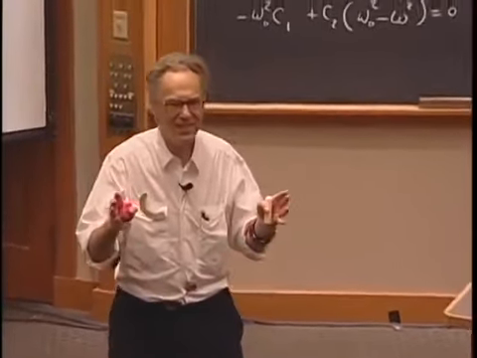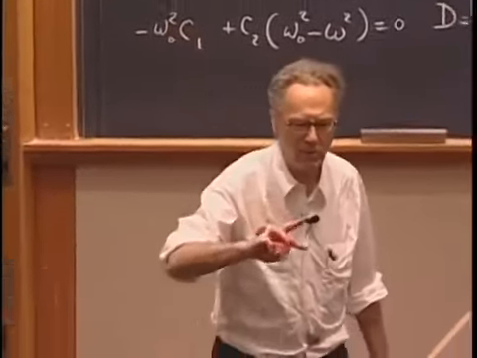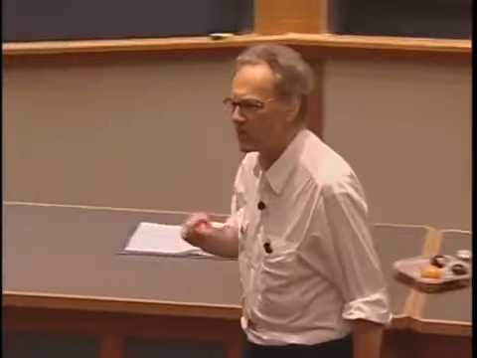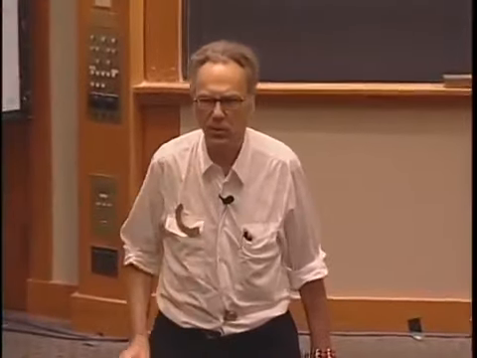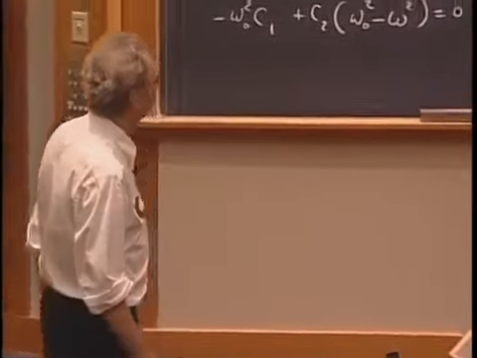That means that we're going to end up not with 2 equations with 3 unknowns, C1, C2, and omega, but we're going to end up with 2 equations with 2 unknowns, only C1 and C2, because omega is a given. And so in the steady state solution, you get a number for C1 and you get a number for C2, in terms of eta 0, of course. And you will see how that works.